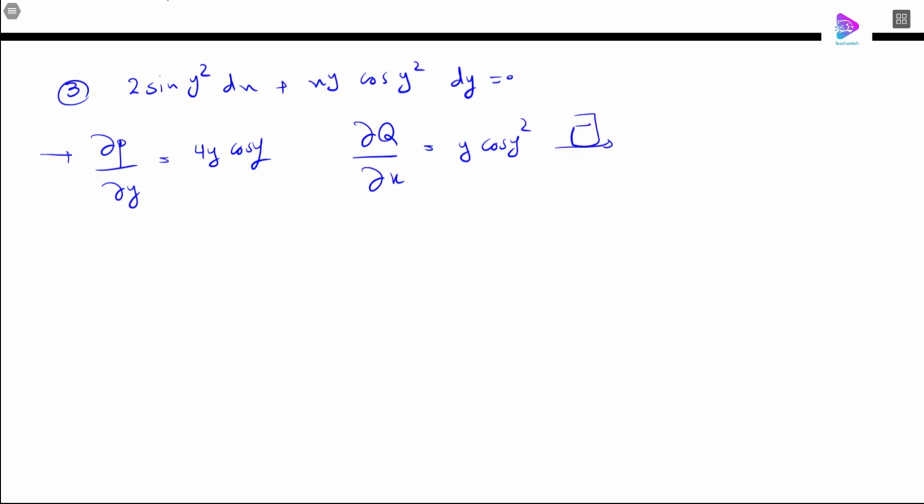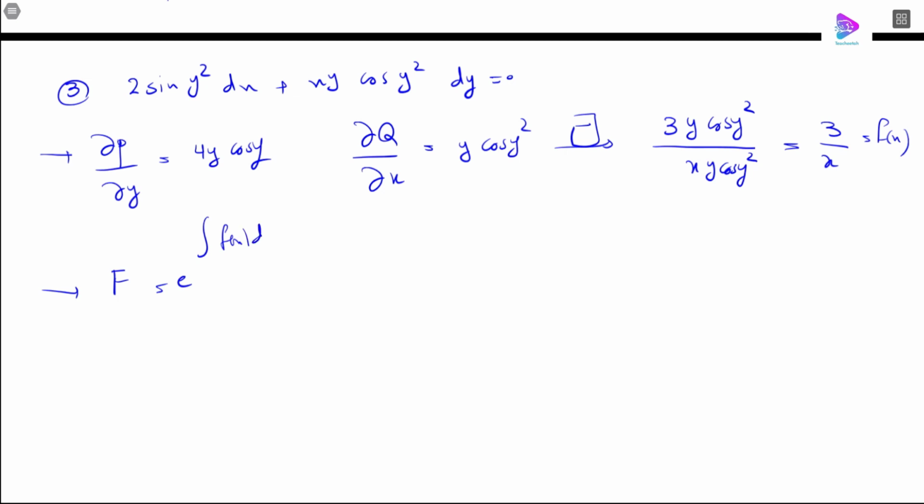Again, subtract them, and you end up with 3y cosine y squared. Let's see what we can divide by. We can divide by xy cosine y squared, which gives us 3 over x, which is a function of x. Therefore f would be e to the power of the integral of f(x) dx, which is easy, e to the power of 3 ln x. Therefore x cubed is our integrating factor.